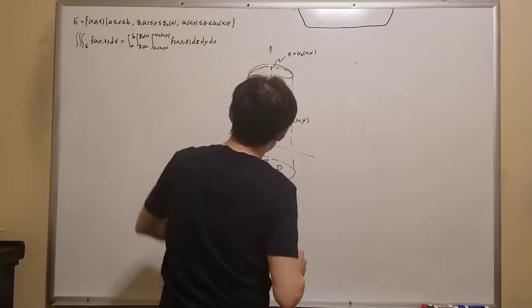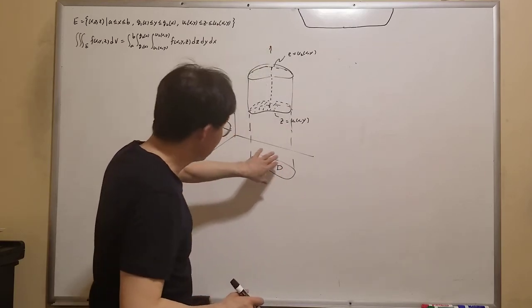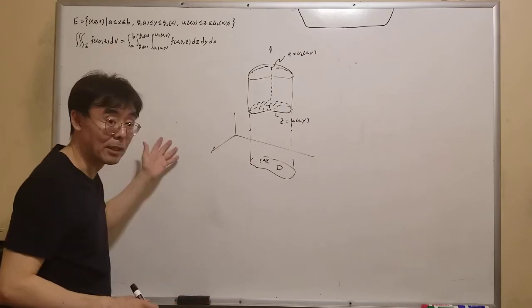So that's type 1, where D is also type 1 in 2D.